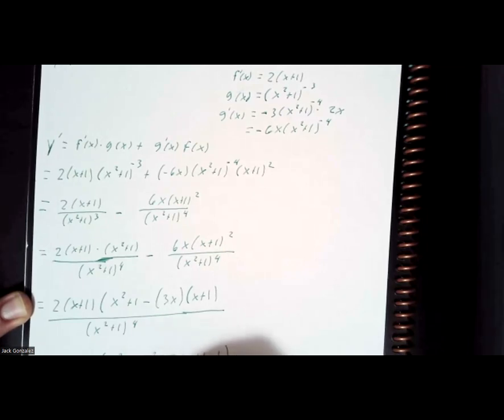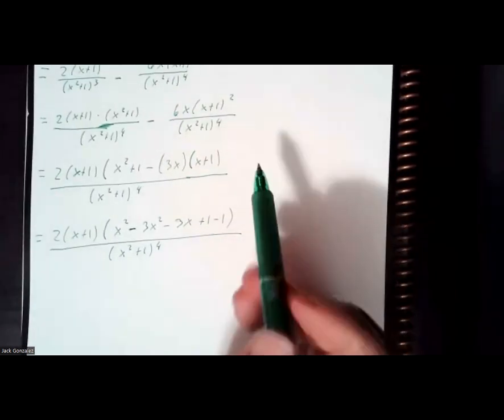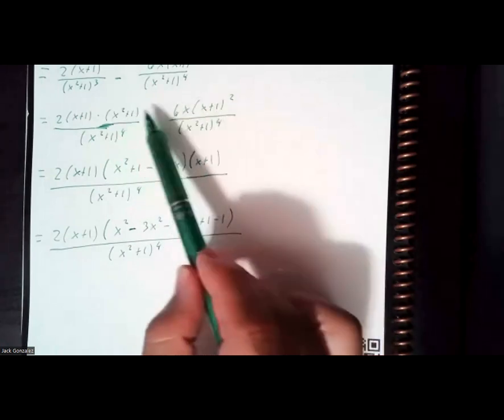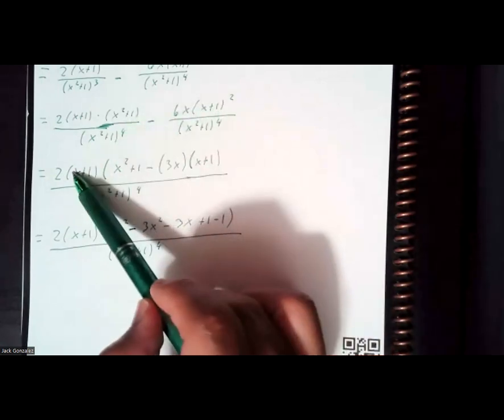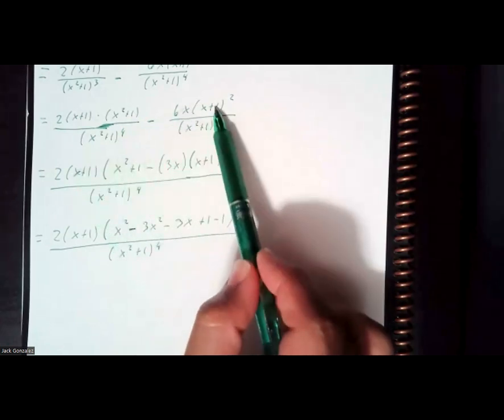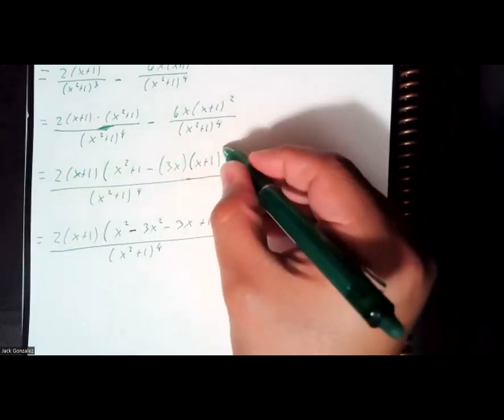Can you move the camera down a little bit? Awesome. We're just doing some algebra now. So we got the LCD here. I factored this and 2 out of both there, leaving me with a 3 and one of these inside the parentheses.